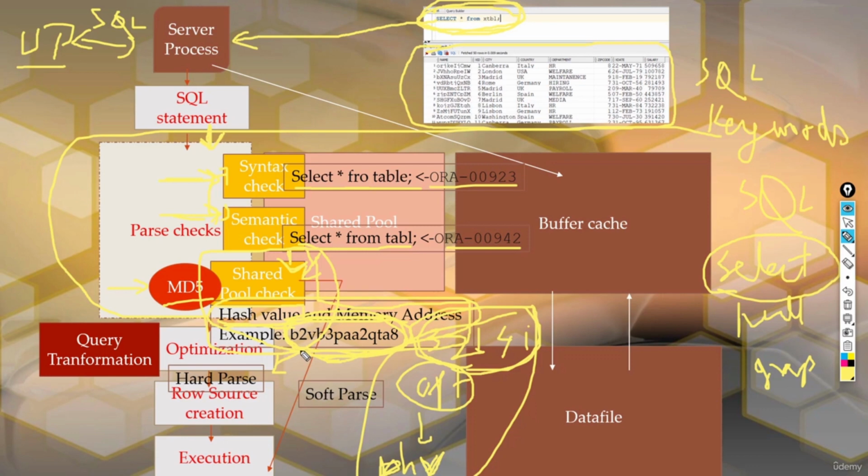After all these details are generated during a hard parse, the query transformer will transform that particular query with multiple features. I will explain it later. After the query transformation, the original SQL query is converted internally to a different SQL query.